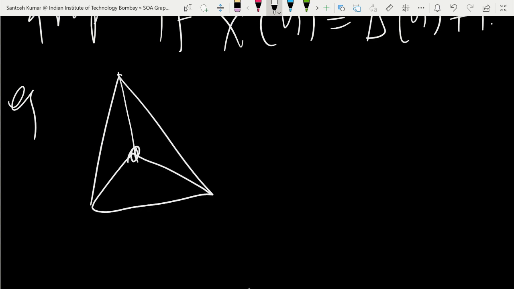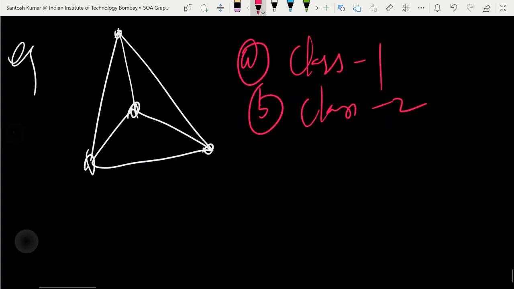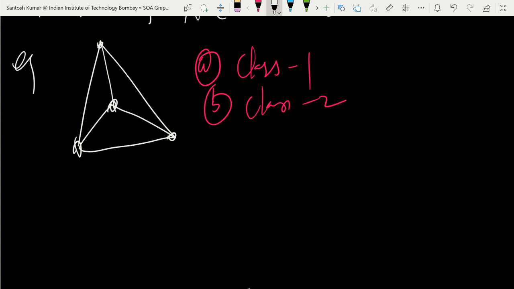This is K4, and you tell me whether this is class 1 or class 2. And one more graph let me give you.